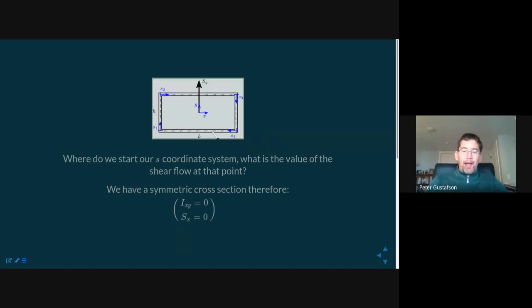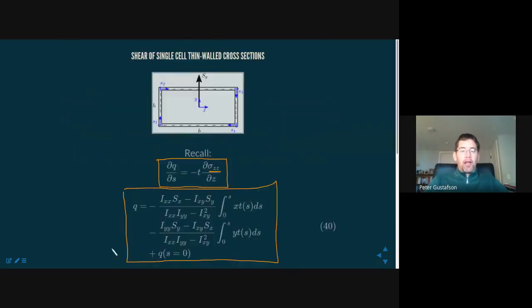Now, of course, looking back at the calculation that we're doing here, it's this calculation. So what do we know about this cross-section? Well, because it is symmetric about the x and y axes, I can set Ixy values equal to 0. I'm going to assume for this calculation that what was given to you was a shear resultant in one direction. Because Sx is equal to 0, I can also cross out the Sx components.